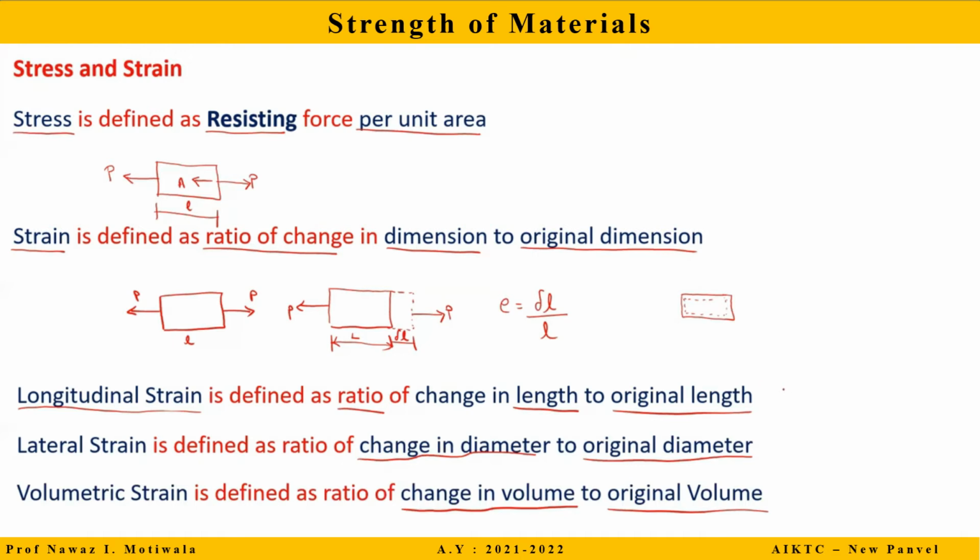If I write this in formula terms, EL, that is longitudinal strain, is equal to delta L upon L. Lateral strain, E lateral, is equal to delta D upon D. And for volumetric strain, EV is equal to delta V upon V. Similarly, stress is equal to resisting force per unit area, and the unit for stress is Newton per mm square.